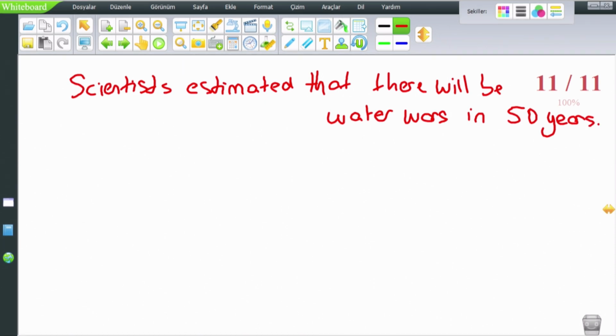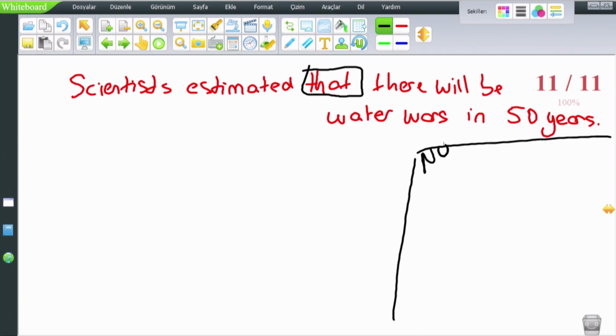In sentences like this, if the object of the sentence starts with that, and the that in the sentence explains the actual object of the sentence, there's something we do differently other than other passive voice examples.